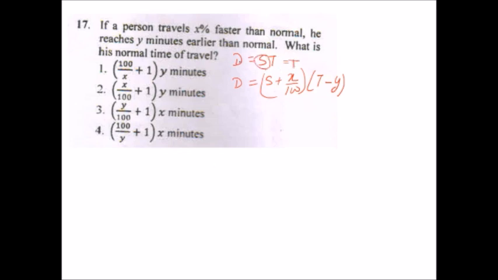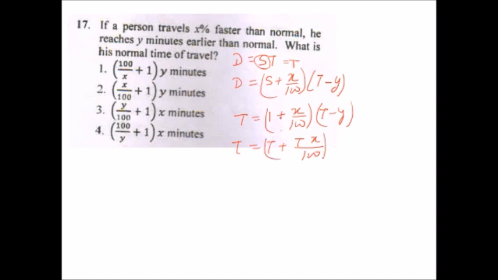Now equating both distances as equal, and since I have taken s as 1, we get t is equal to (1 plus x by 100) into (t minus y). Multiplying t with this, you get t plus t x by 100.